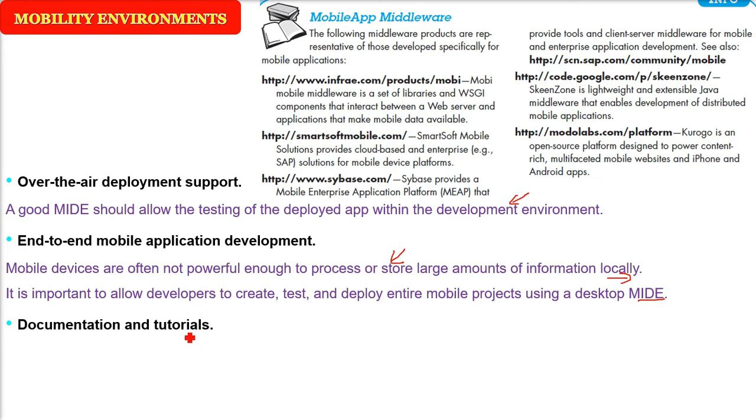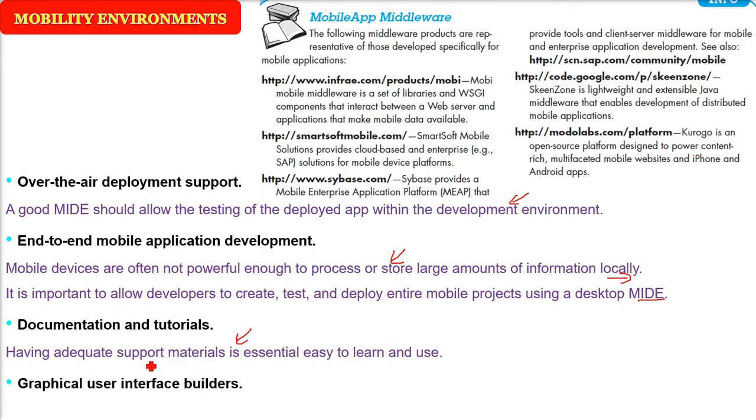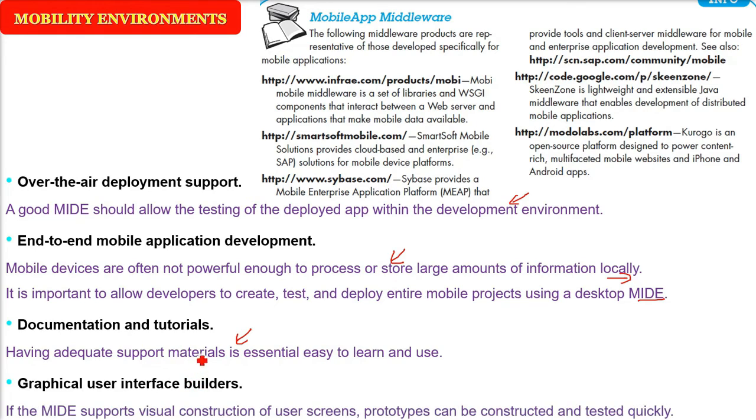Documentation, tutorials and support materials should be there, because while you are working you may be stuck somewhere. In order to learn and use it entirely, or to solve a certain purpose, you need effective documentation and tutorials. Graphic user interface builders: if the MIDE supports visual construction of your user interface, like we were doing in Qt.